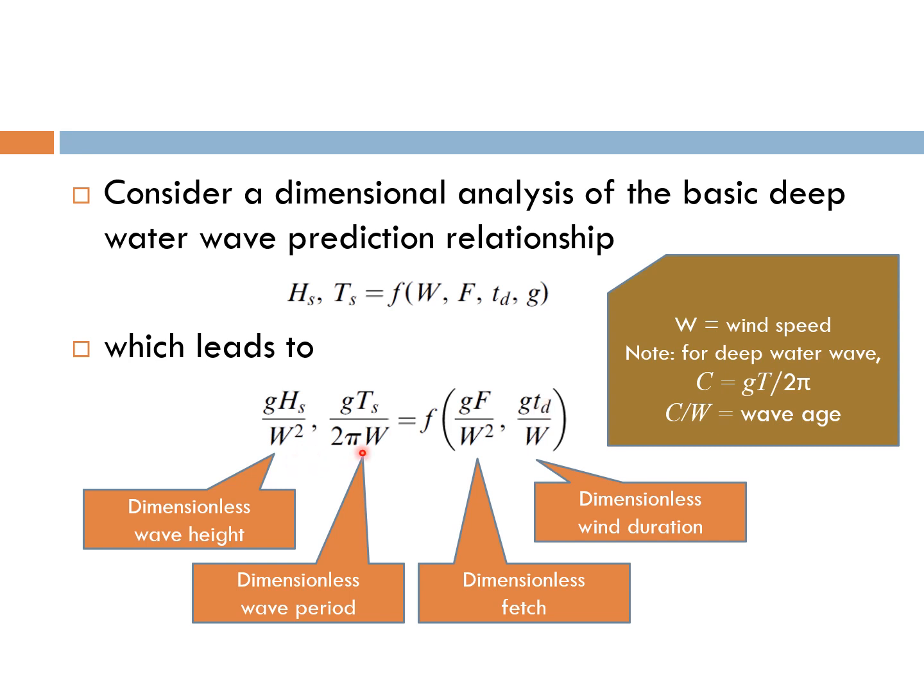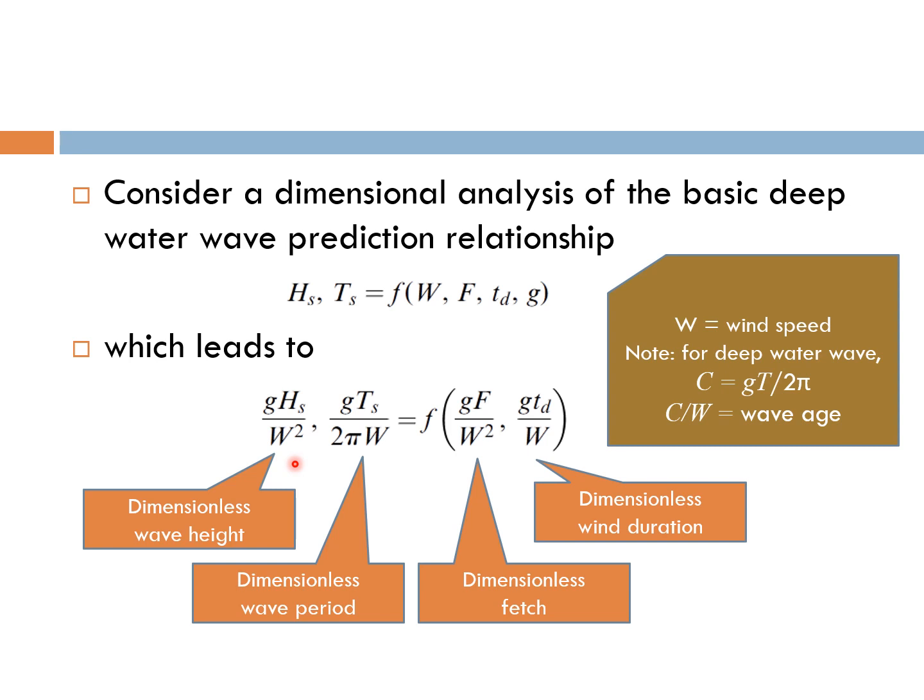By using the dimensionless terms, it is much easier to represent the correlation so that the chart developed can be applied for wind and wave data from all around the world.